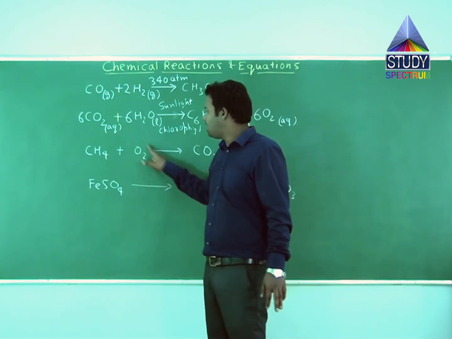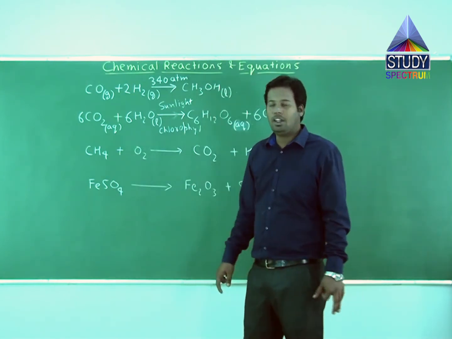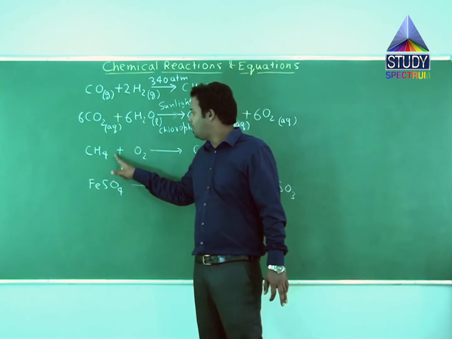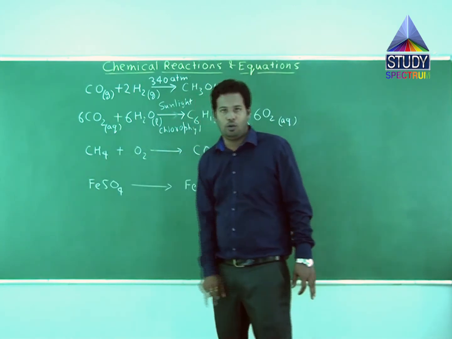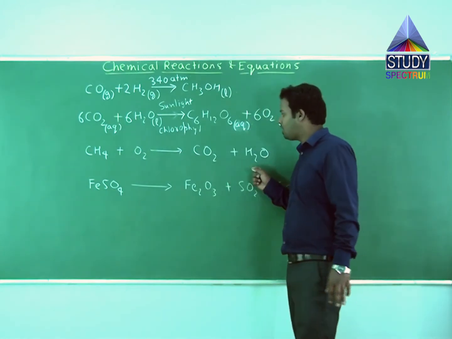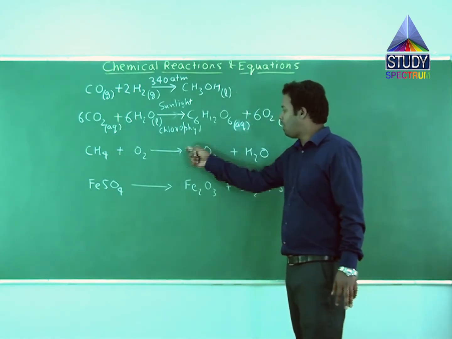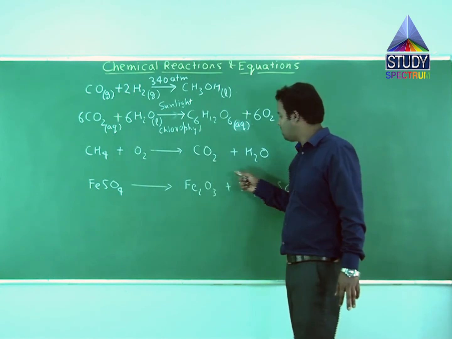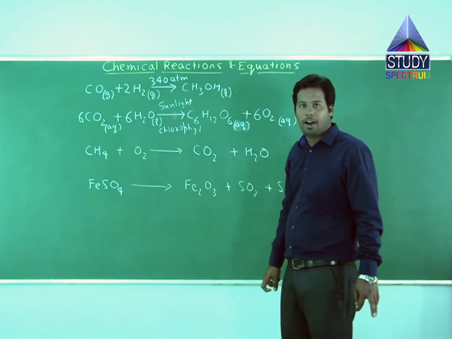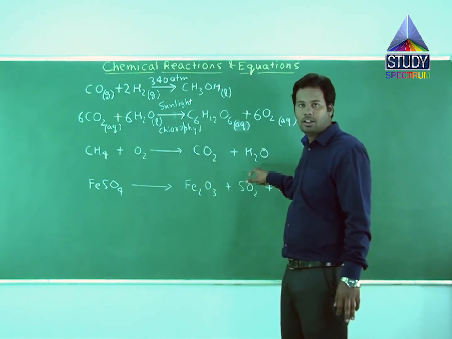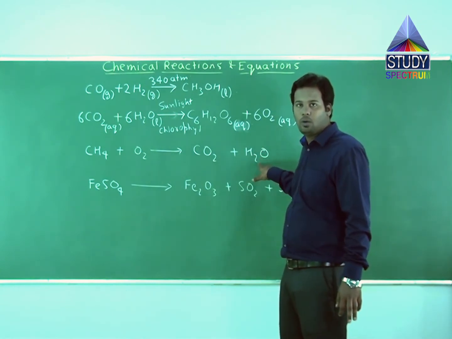Whereas the second reactant does not contain hydrogen, it means we can calculate the number of hydrogen atoms from the first reactant itself, and it is coming out to be 1 into 4, that is 4. If you see the product side, the first product does not contain hydrogen, whereas the second product contains hydrogen. So if I have to calculate the number of hydrogen atoms on the product side, I have to use the second product only.